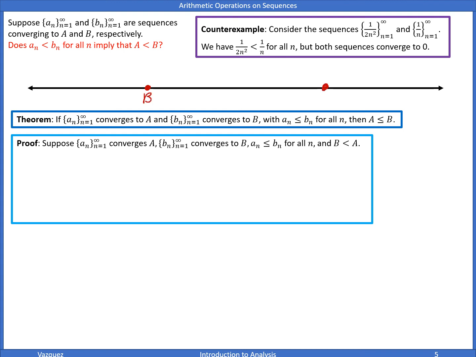So here we're assuming b is less than a, so on the real line, I'm just going to draw b on the left, a on the right. Well, then we're going to set epsilon equal to (a minus b) over 2. Right, and as we saw, that's half the distance, so that's our epsilon neighborhood around both limit points.